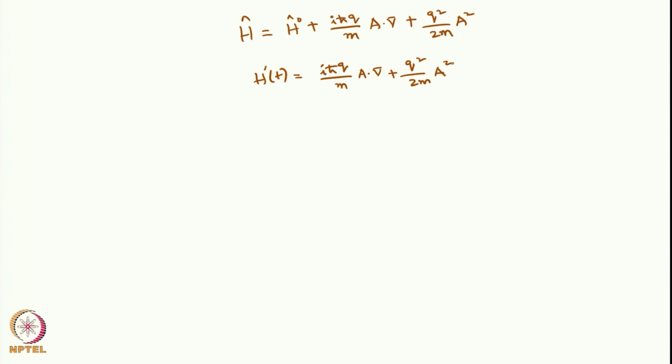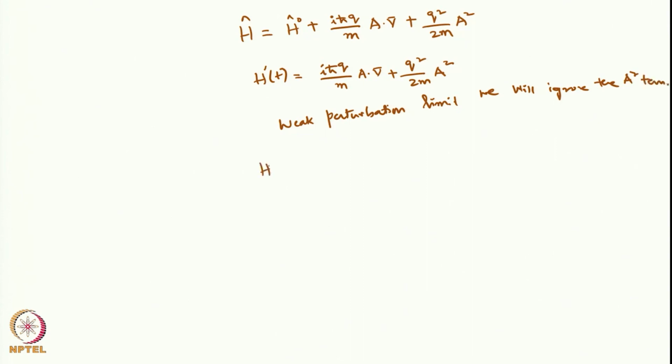Now, in spectroscopy the amount of light is very feeble, so that is called weak perturbation. In the weak perturbation limit, we will ignore the A square term.